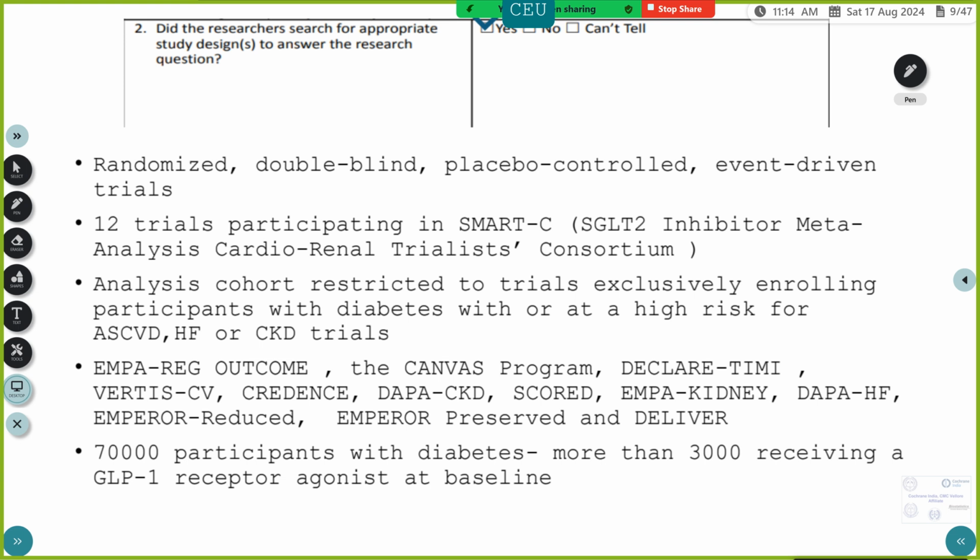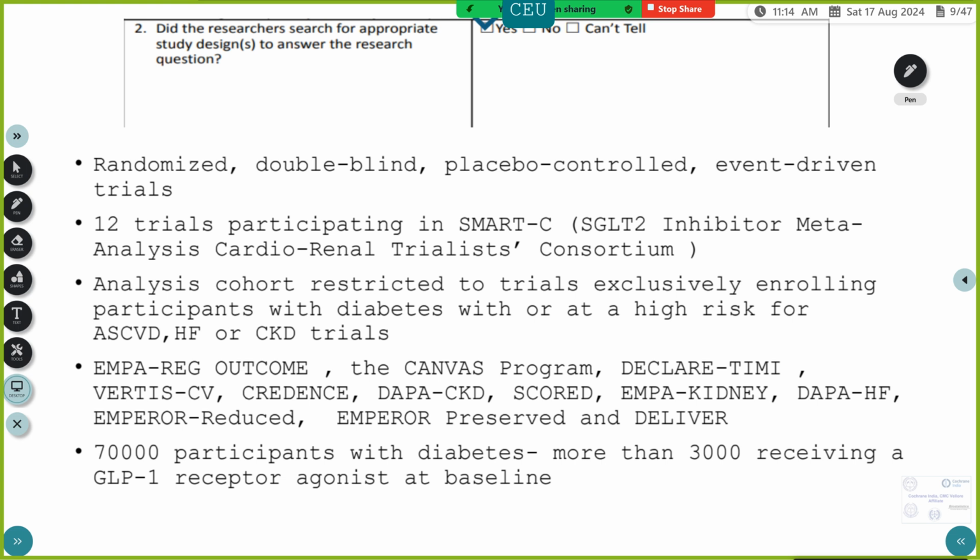Did the researchers search for appropriate study designs to answer this research question? Since we're looking at the effect of a particular drug on cardiovascular and kidney outcomes, we would like to have randomized controlled trials, and they've correctly chosen randomized controlled trials in this meta-analysis.